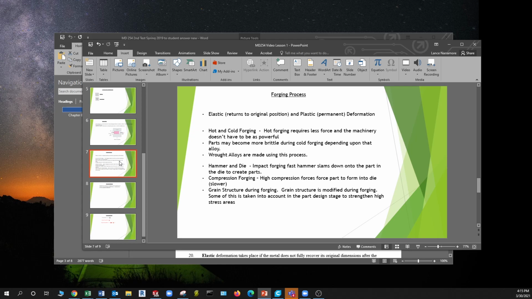And if we're cold forging that part, we're not going to be putting that energy into the part to start with. We're going to have to do all of that work with the machinery at room temperature or some temperature well below the recrystallization temperatures that you would want to reach before you did any hot forging.